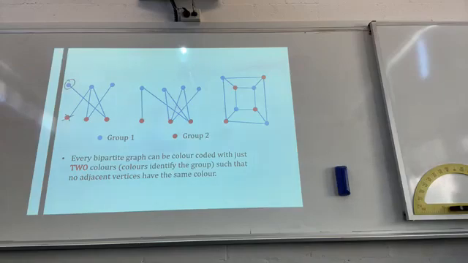Make sure that you can identify them clearly, with a cross and a circle, because in the exam you probably have black and blue ink, and when they scan it, there'll be just one color. So probably use a cross and a circle. This is how you can identify the groups. Now, you can notice that no adjacent vertices are of the same color.